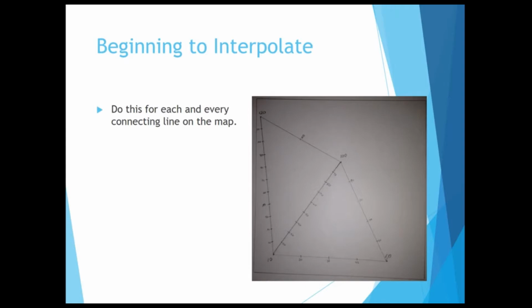Now, already, hopefully, you see that this might not be reality. In reality, not every slope is evenly spaced. Between that point that was 10 meters above sea level and that point that was 120 meters above sea level, the slope might not be even.